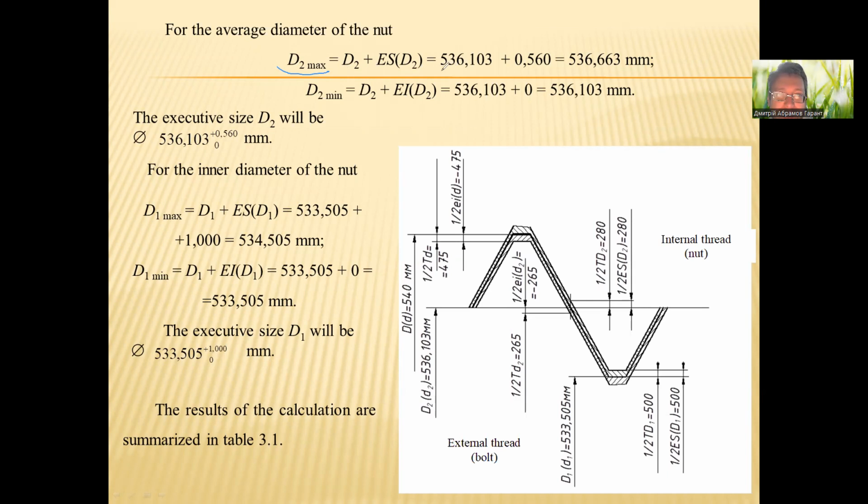And we have d suffix 2 equal to 536.103 plus 0.560, and we have 536.663 millimeters.